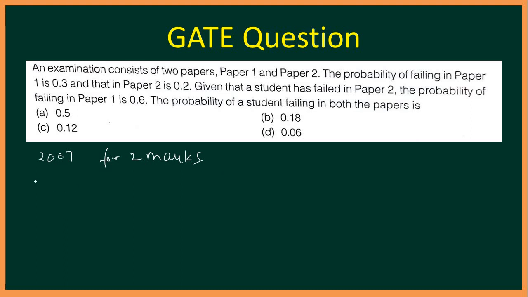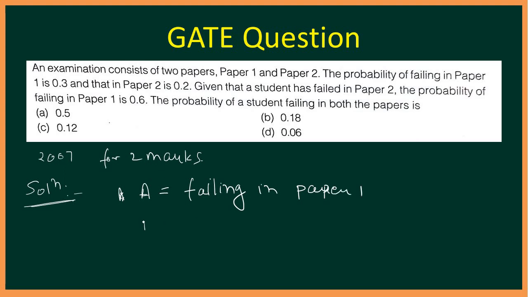First of all, let's see what is given and what is asked in this question. Two papers are given, along with their probabilities of failing. Let's suppose A is the event of failing in paper 1, and B is the event of failing in paper 2.